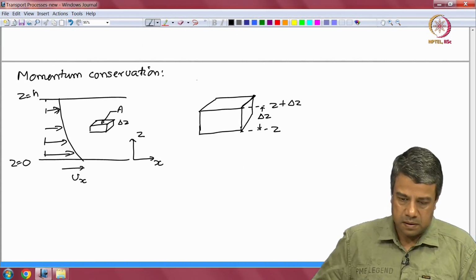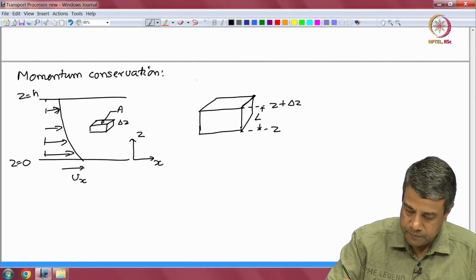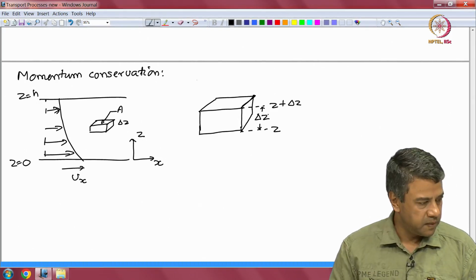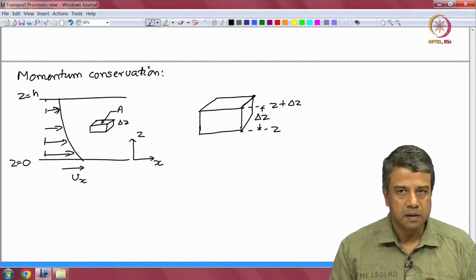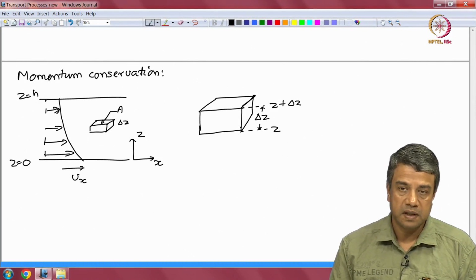Now writing a momentum balance equation for the x momentum.